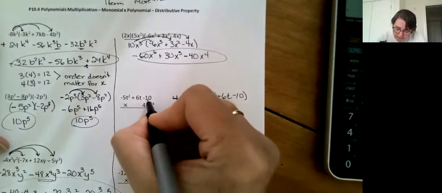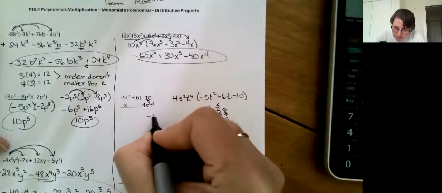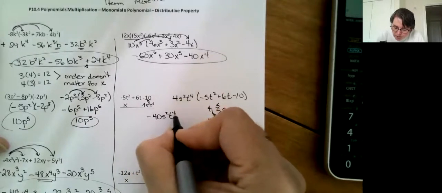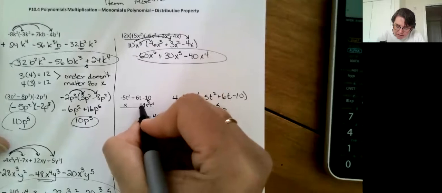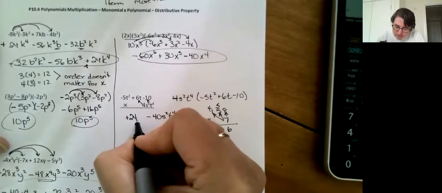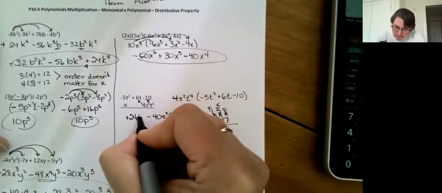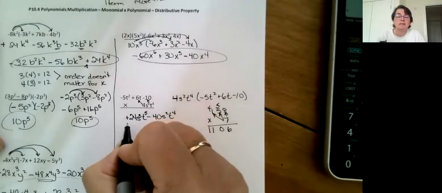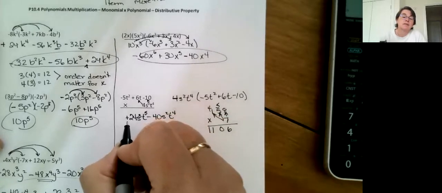We're going to multiply this times this. So it's going to give me minus 40 s^2 t^4. And then we need to go this one times this one, plus 24 s^3 t^5. Now, notice you need the plus in there because we always need something to separate our terms.